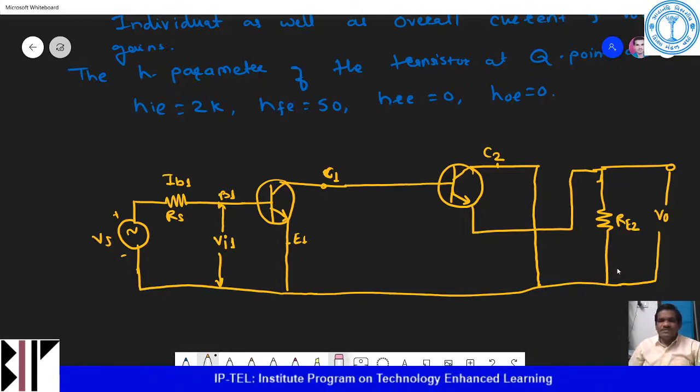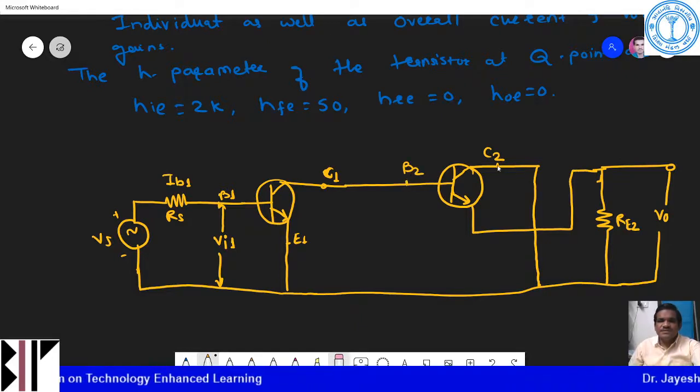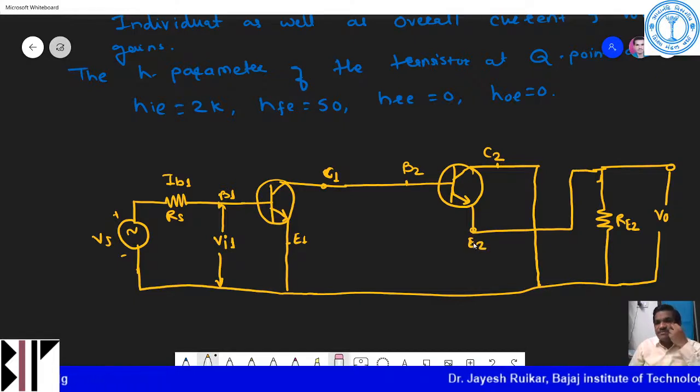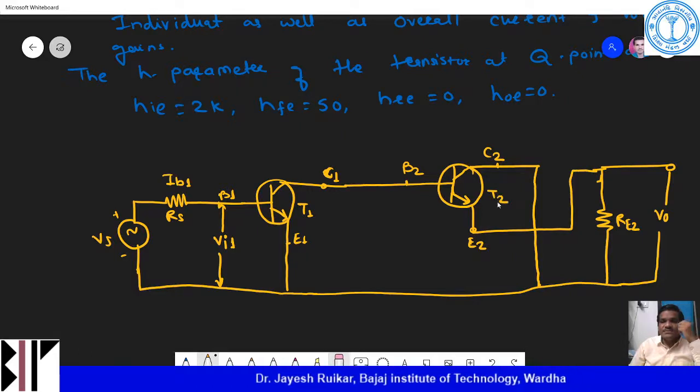So this is my base 2 here, this is C2, and this terminal is my E2 terminal. This is my transistor 1, this is my transistor 2.